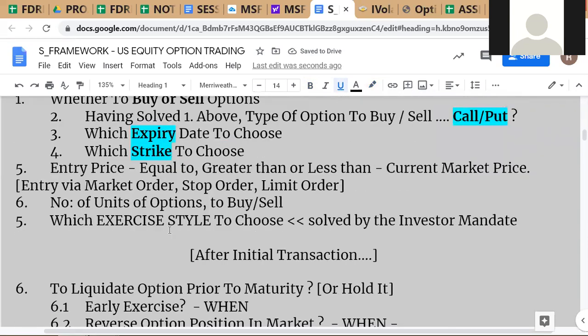What is truly additional? Call, put, expiry, strike, and here, exercise style.